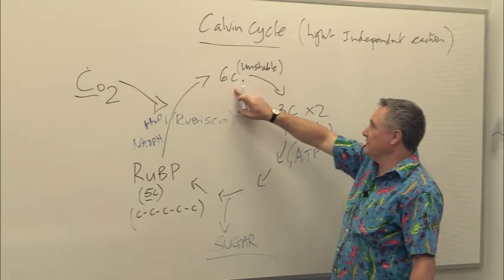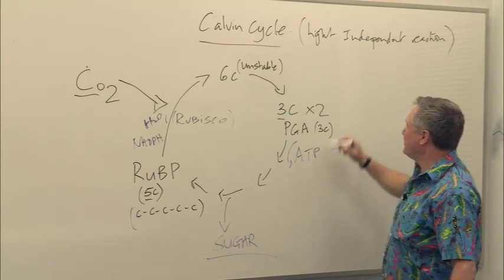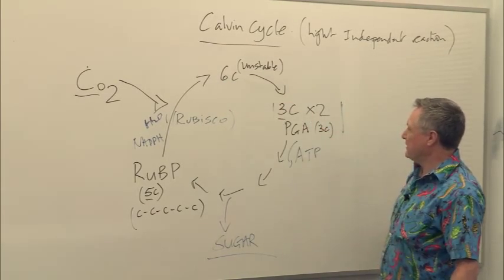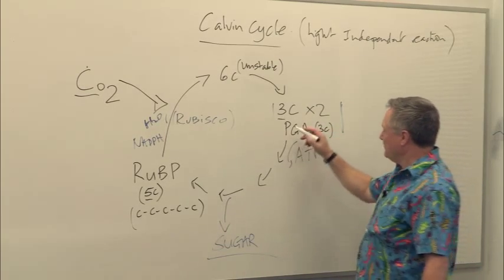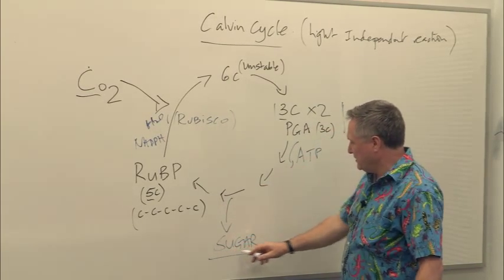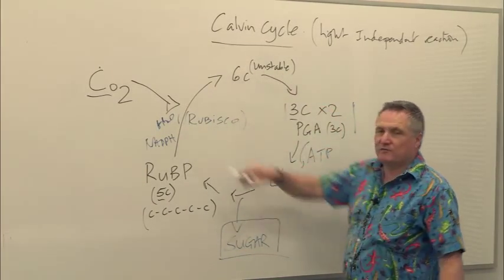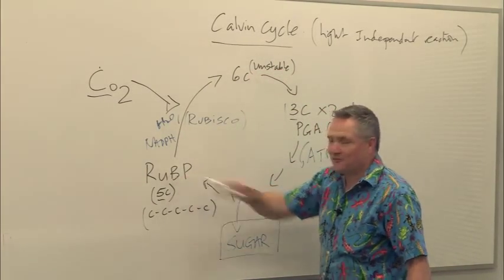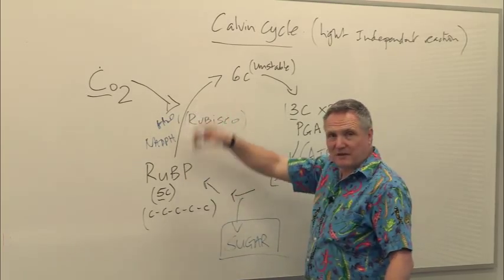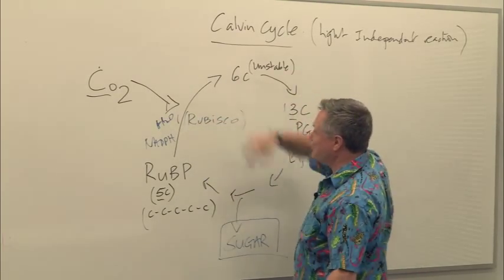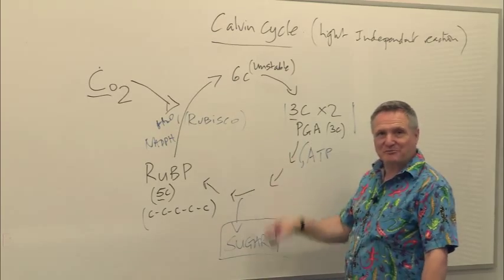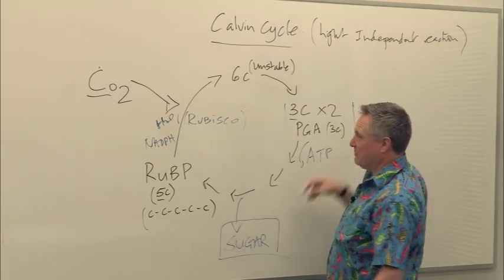You never see it because it just breaks up so quickly. So the first product is phosphoglyceric acid. You get a few other compounds produced, but eventually you get sugar out of here. But what the whole reaction seems to be mainly involved with is regenerating our 5-carbon so that it can then bind carbon dioxide. So this will turn maybe 6 times for every 1 sugar comes out. That's just by the by.